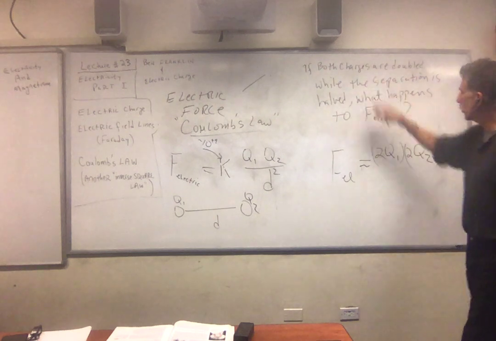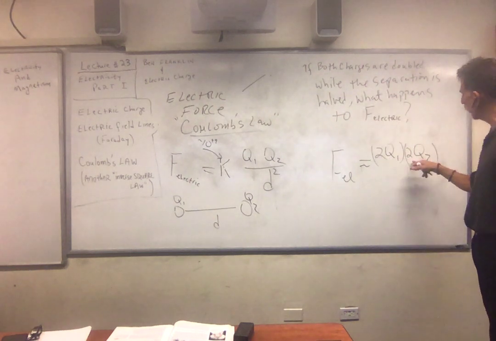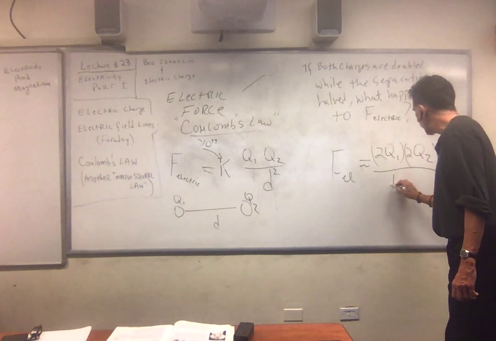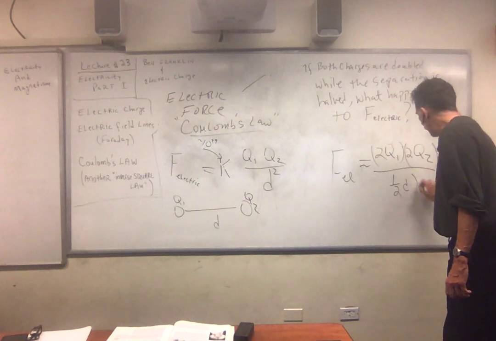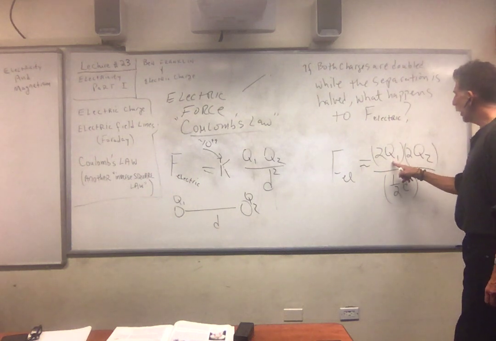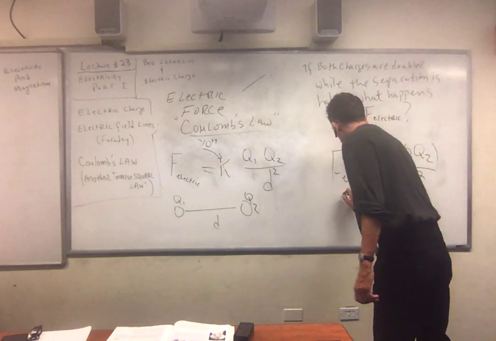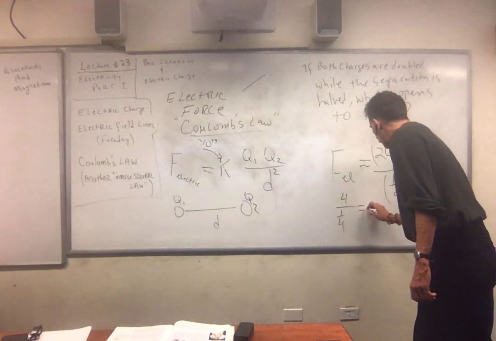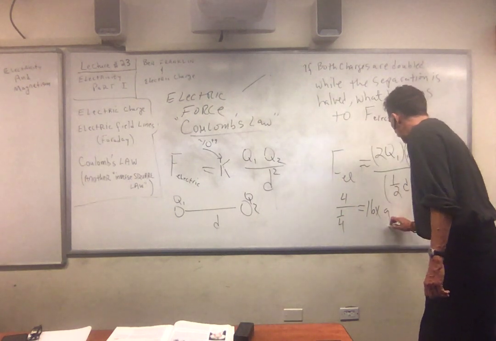So Q1 becomes 2Q1, Q2 becomes 2Q2. And what am I doing to the distance? Instead of D, I'm making it 1/2 D, but then I have to square it. So in the numerator, I have 2 times 2 is 4, divided by 1/4. And so the answer is 16 times greater.